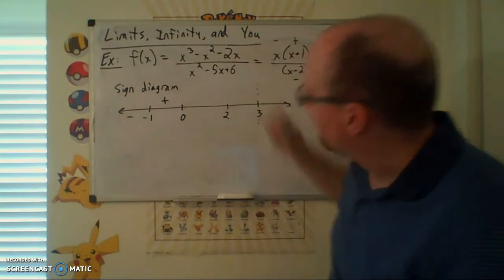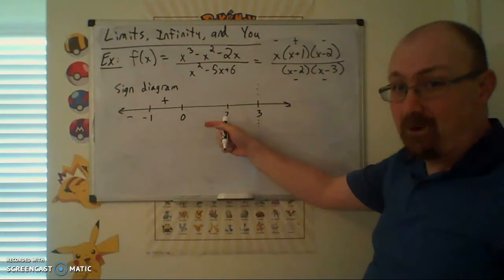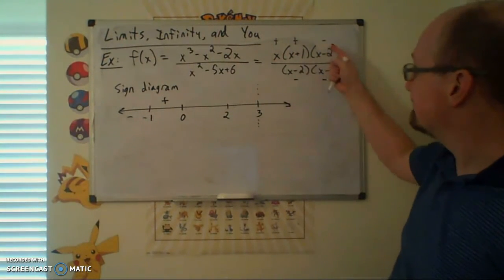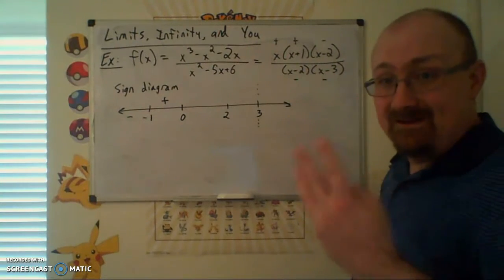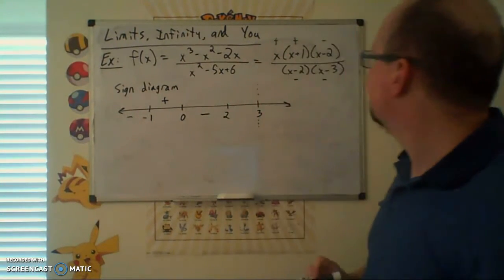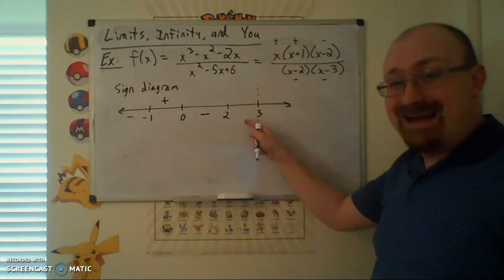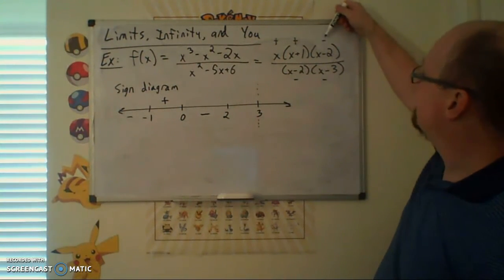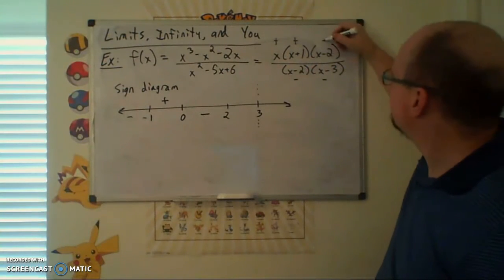Once we go past 0, this one changes sign. So now plus, plus, minus, minus, minus. 3 negatives. 2 of them would cancel each other out, but the whole thing remains negative. Once we go past 2, well, 2.5 minus 2 is now positive.